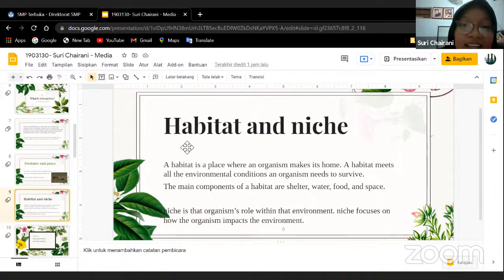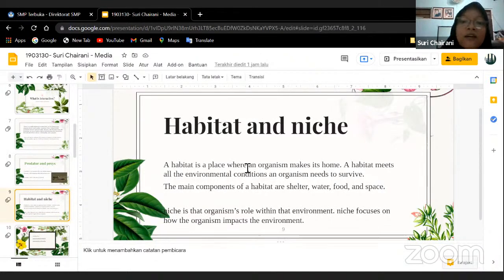And then this is habitat and niche. Habitat and niche are the place and function of living things. A habitat is a place where an organism makes its home, and a habitat meets all the environmental conditions an organism needs to survive.